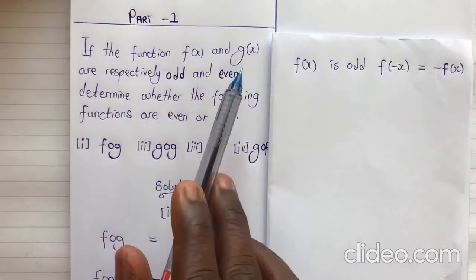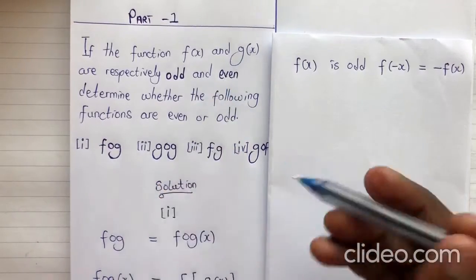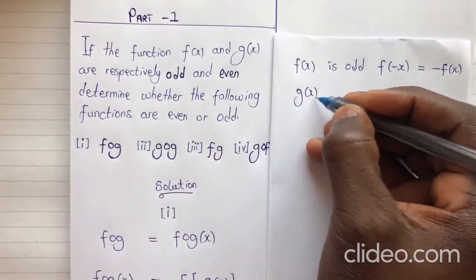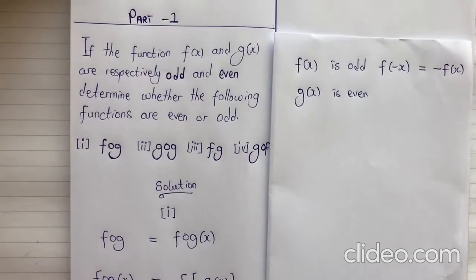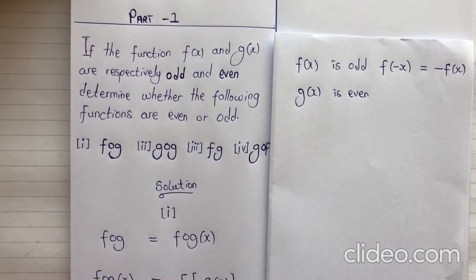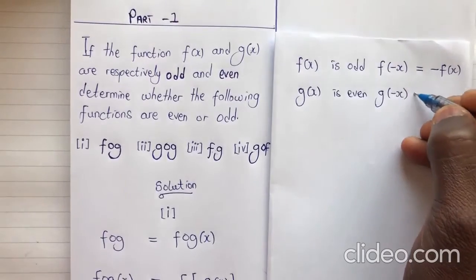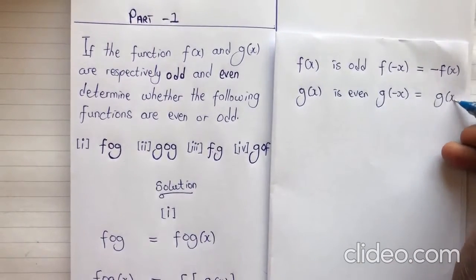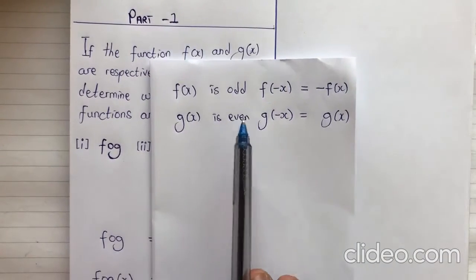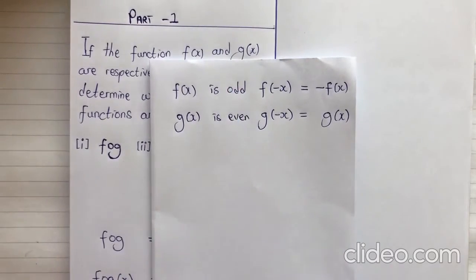Then it says that g of x is even. So we write g of x is even. For even functions, anytime you test with a negative x, the result is a positive function. So g of negative x will give us g of what? x.